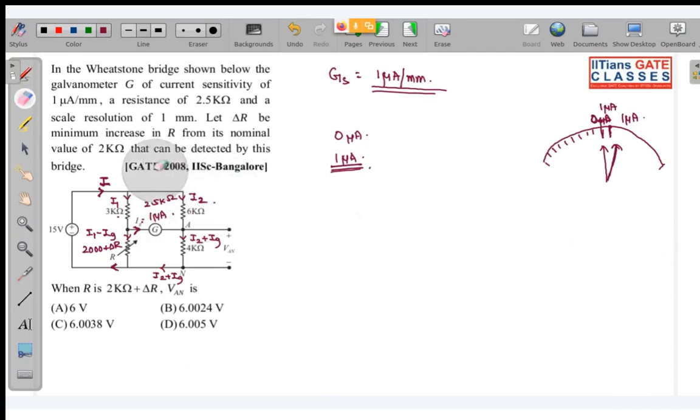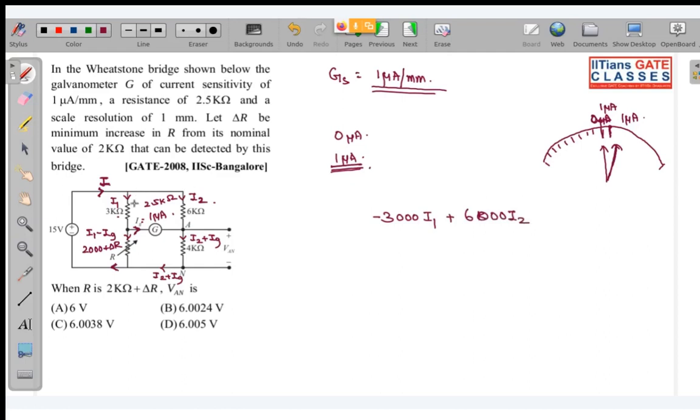See, I'm very, very sorry. First, apply one KVL in this loop. So what it will be? So this is all about KCL, KVL. So minus 3 kilo ohm into I1, plus 6 kilo ohm, 6000 into I2.